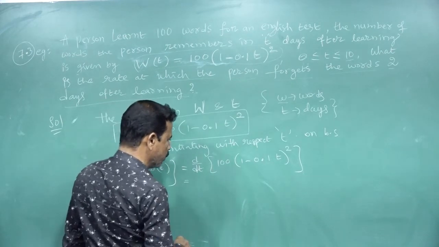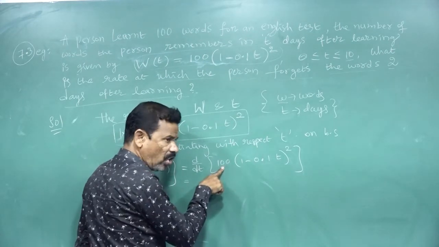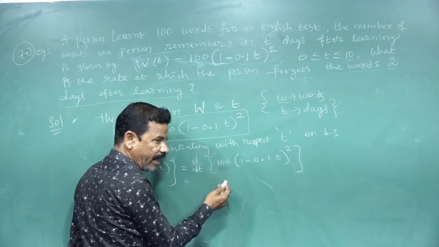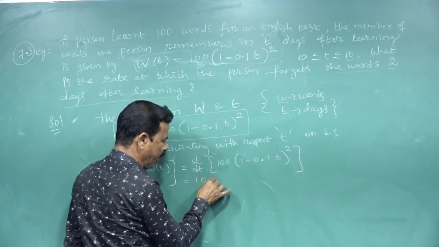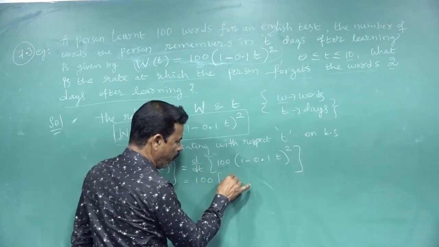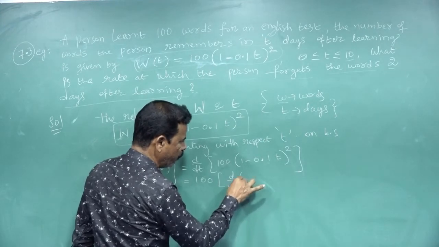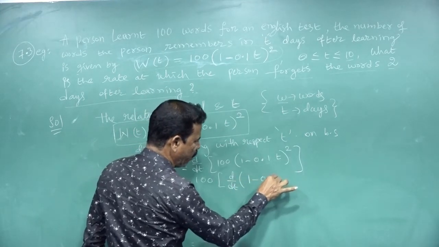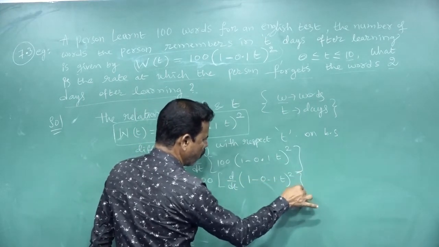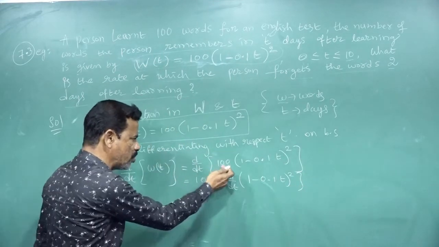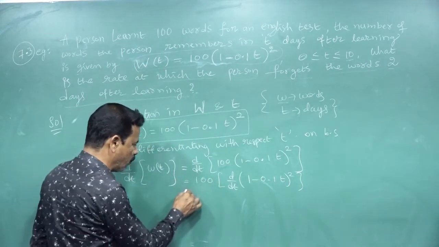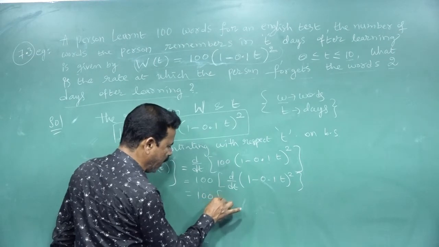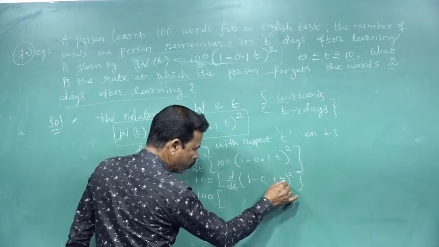Now, this 100 is the constant. 100 taken outside: 100 into d by dt of (1 minus 0.1t) whole square. This constant is taken outside. After that, 100 multiplied by d by dt applied to this.